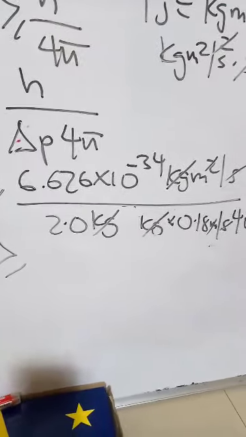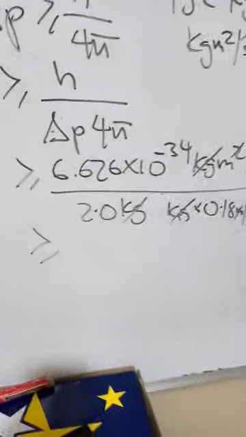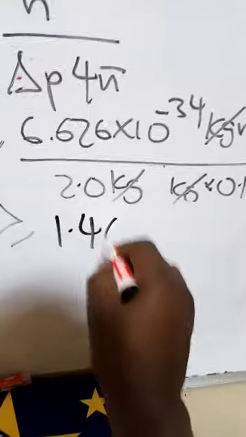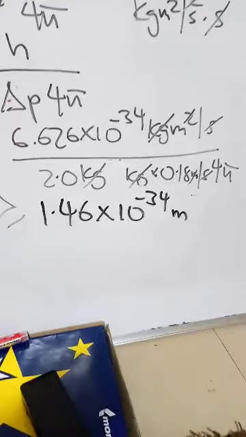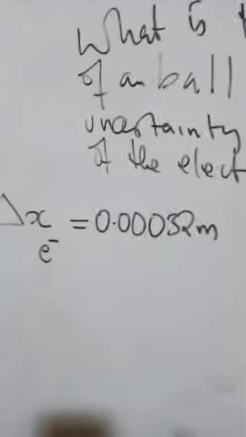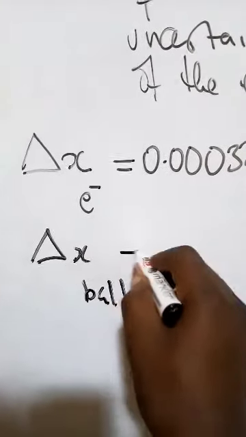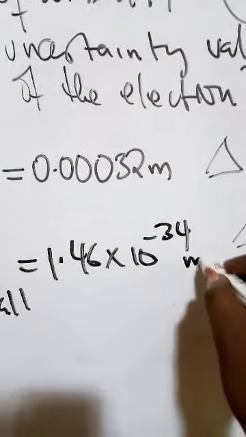So we are getting 1.46 times 10 to the power negative 34 meters. So that is the uncertainty in position for the cricket ball. So now we can compare to that for an electron. So the delta x for the cricket ball is 1.46 times 10 to the power negative 34 meters.